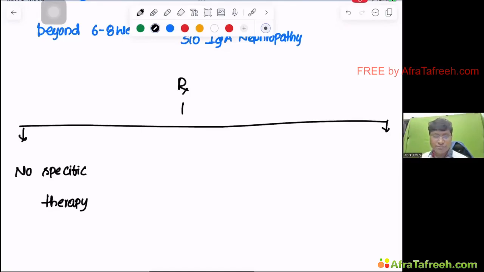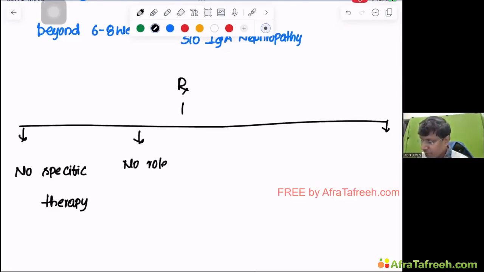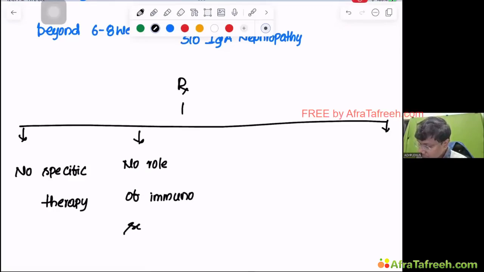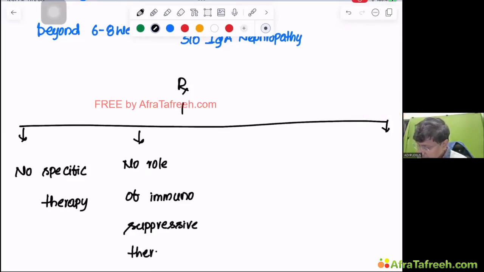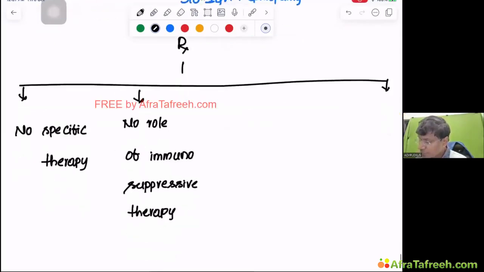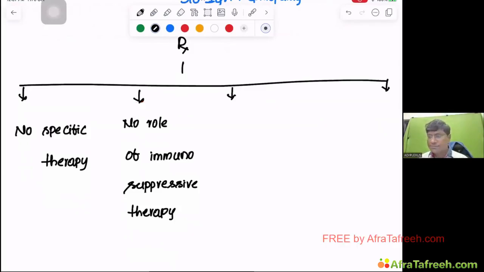There is no role of immunosuppressive therapy. Now tell me, is there any role of antibiotics?